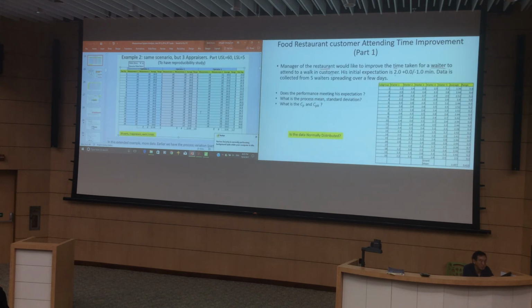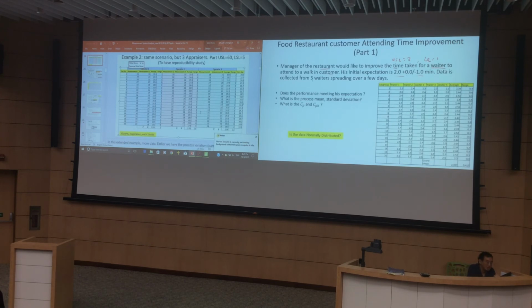His initial expectation is 2 minutes, the spec, plus 0 minus 1. So the upper spec is 2 minutes and the lower spec is 1 minute. People walk in and you must respond, but not at 0 minutes, you don't respond right away.